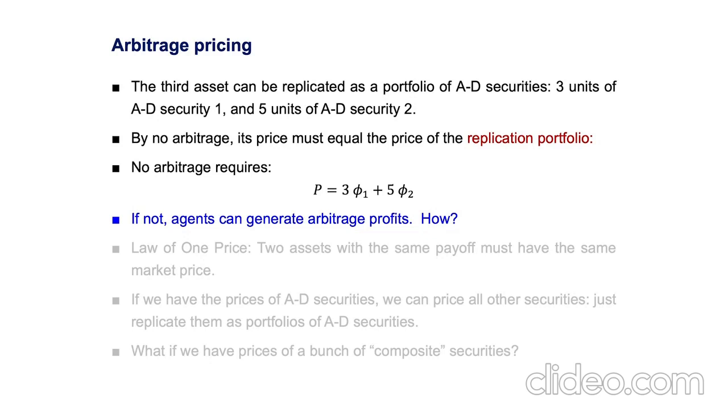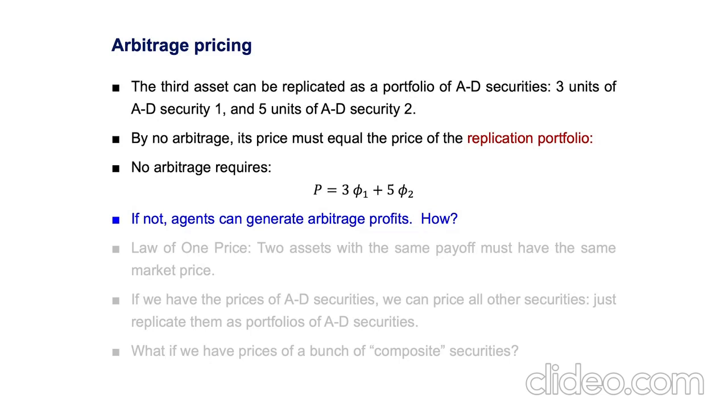How? Well, let's see. Suppose actually the price of the third asset P is greater than 3 times phi 1 plus 5 times phi 2. Then what we can do is actually to sell the asset 3, gaining P, and then buy 3 units of Arrow-Debreu security 1 plus 5 units of Arrow-Debreu security 2.